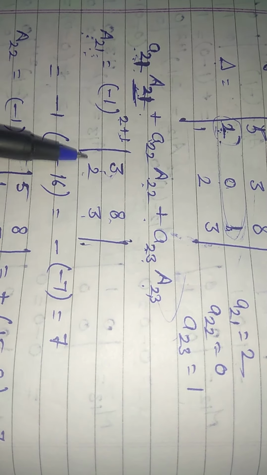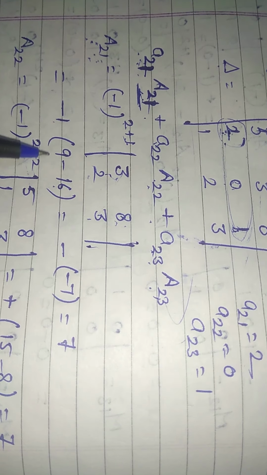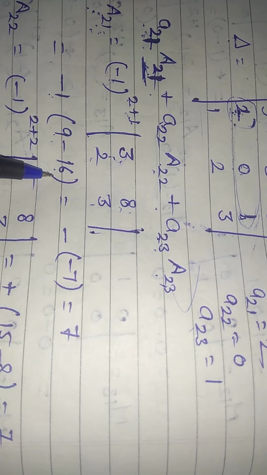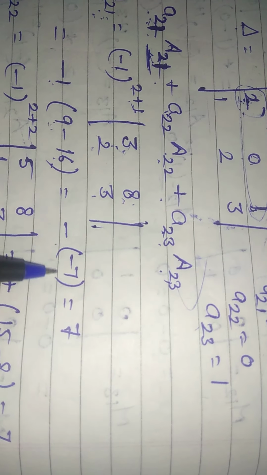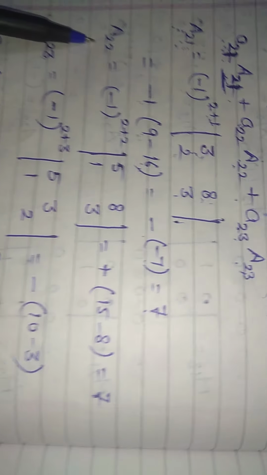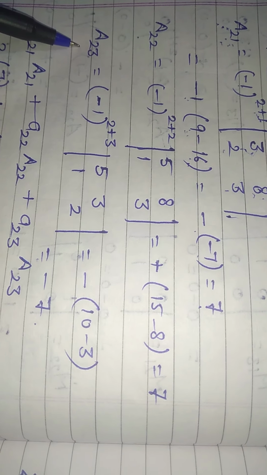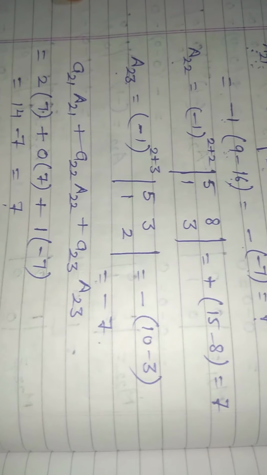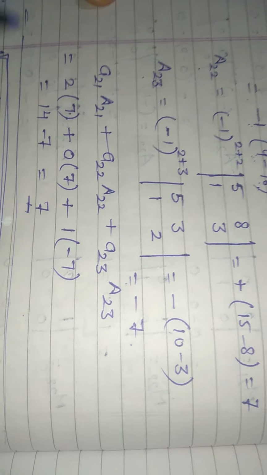So 3 threes are 9 minus 16. It is minus 1 power 3, it is minus 1. 9 minus 16 is minus 7. So minus into minus is plus 7. Similarly, you will find A22, A23. Then you will put in this and find the value of delta. This is 7. Okay, clear or not?